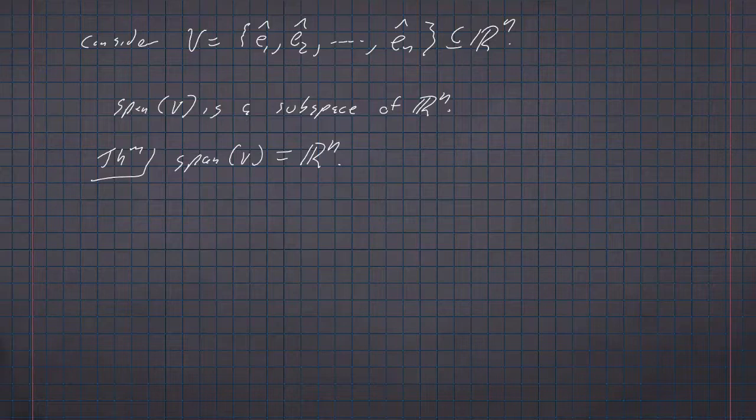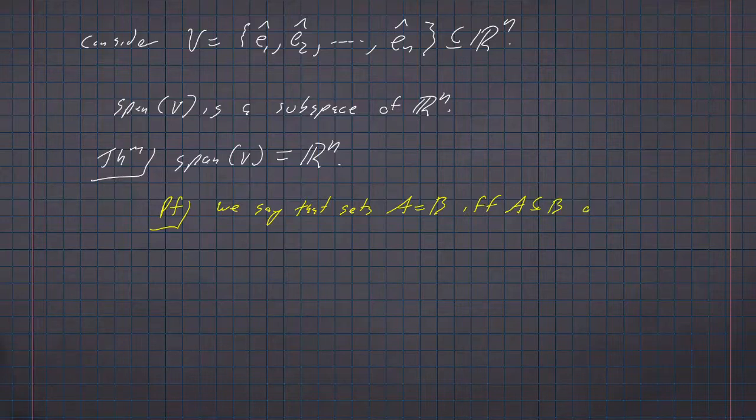So all we have to show is that the sets themselves are equal to each other. In set theory, the definition of set equality is that A is equal to B if and only if A is a subset of B and B is also a subset of A.